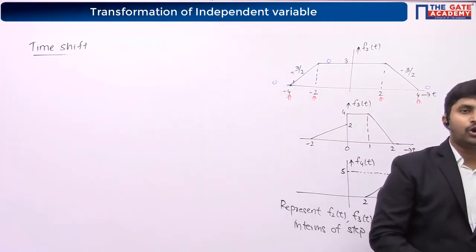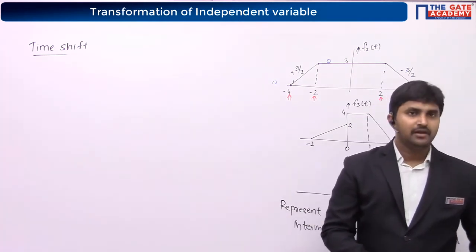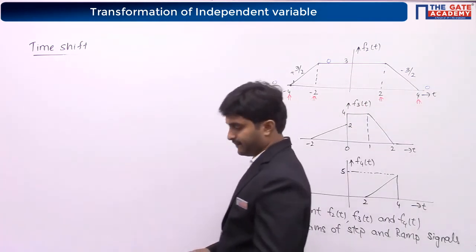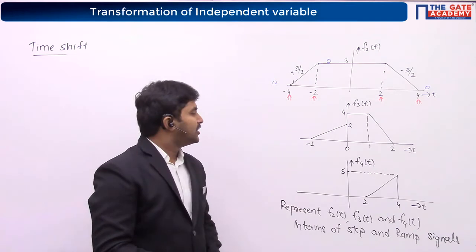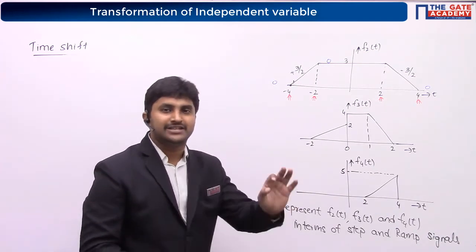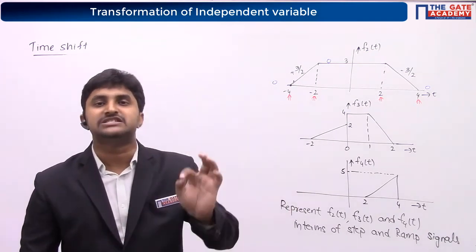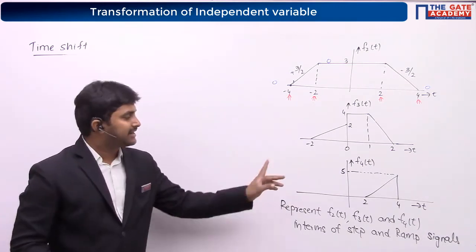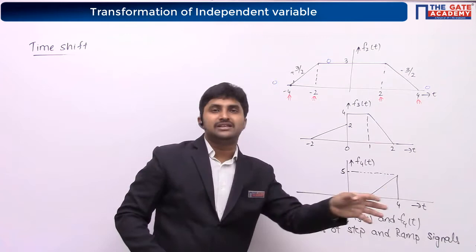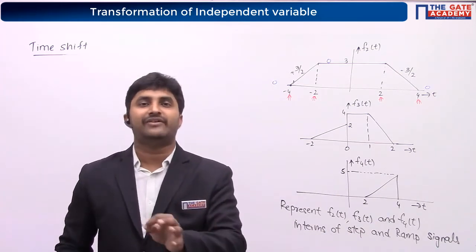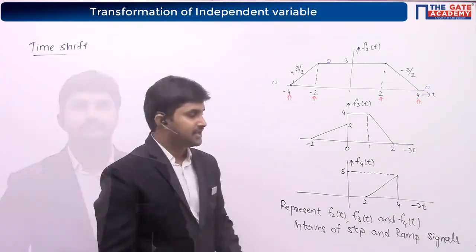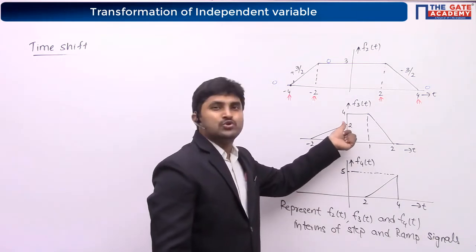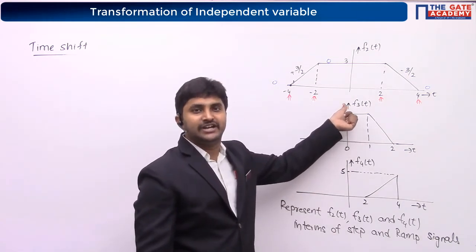Next is F4 of t. Please tell me, do we see any particular point where there is a sudden increase or decrease in the value of amplitude? At t is equal to 0, you can see a jump in the value of amplitude, isn't it?